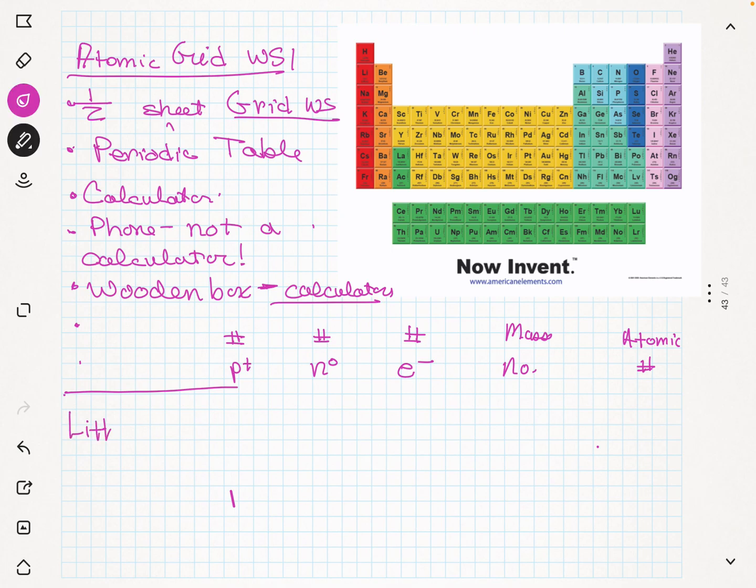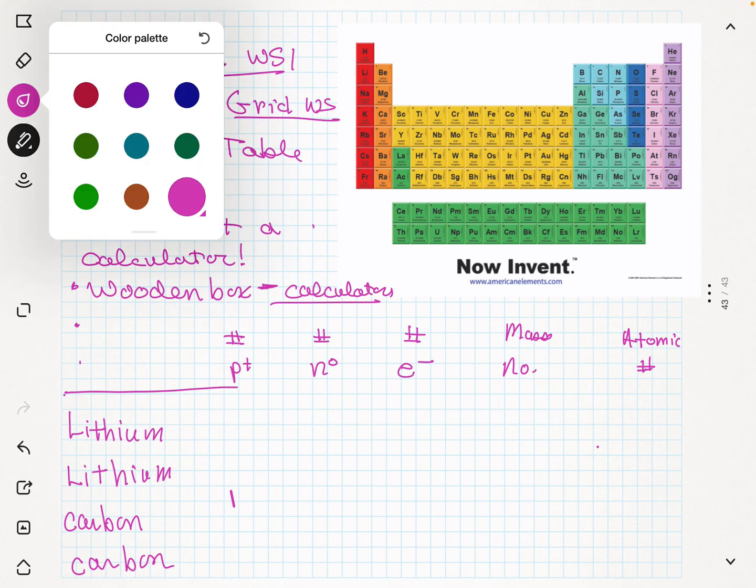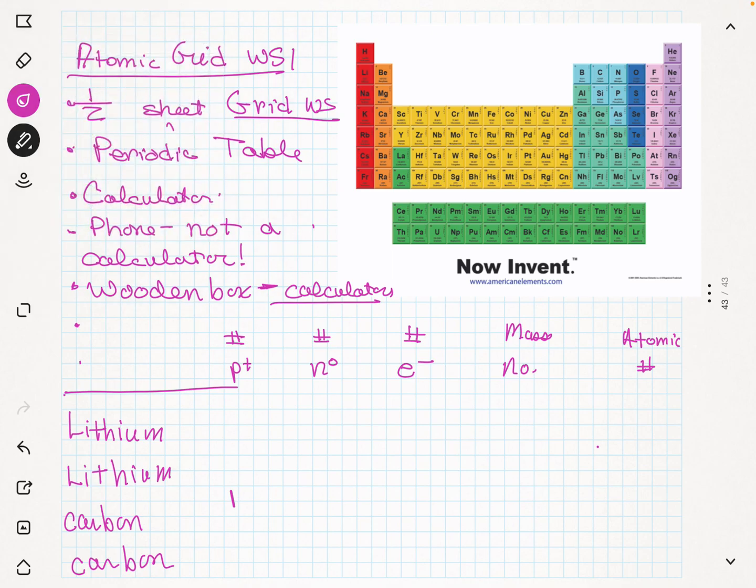So my first two lines are lithium, lithium, carbon, and carbon. Okay, so I'm going to put in what we're given.